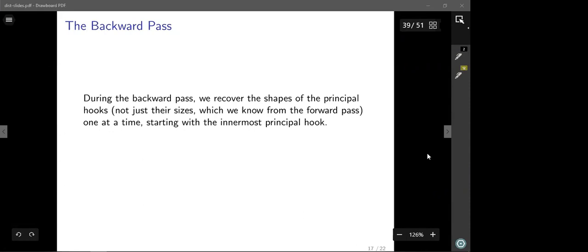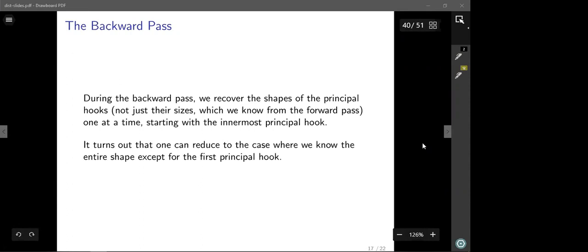But now, what about the backward pass? We actually need to figure out how these hooks are arranged and not just what their lengths are. As I said before, you start with the innermost principal hook. By an inductive argument, you can reduce to the case where you know the whole shape, but you're just not sure about the first principal hook.